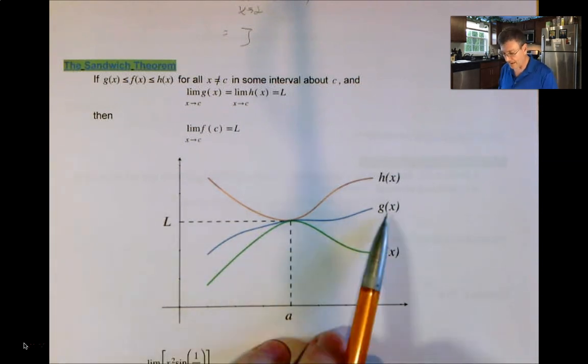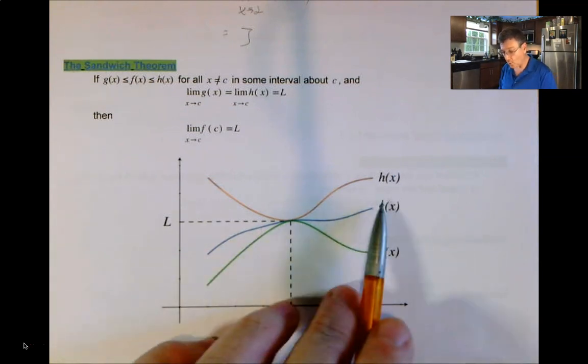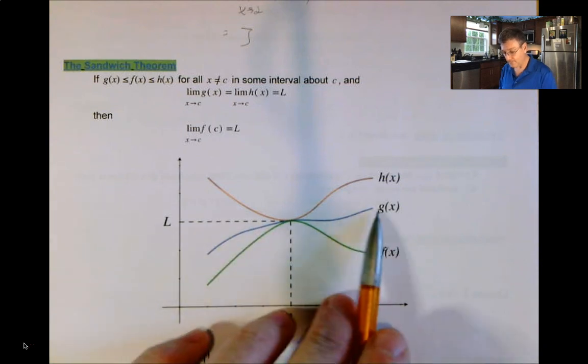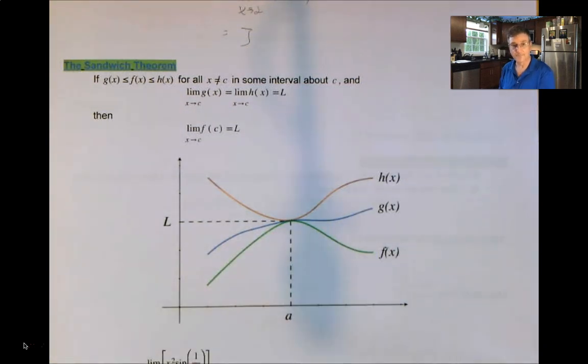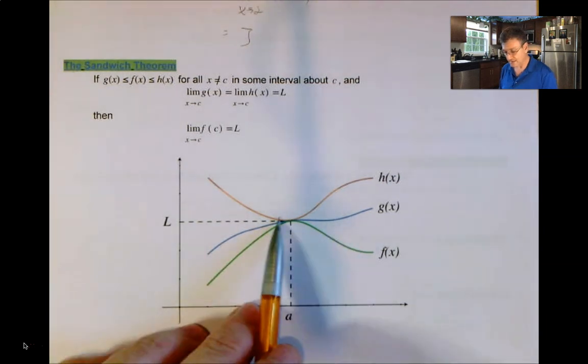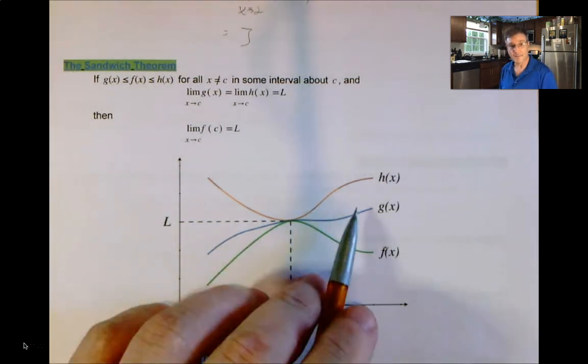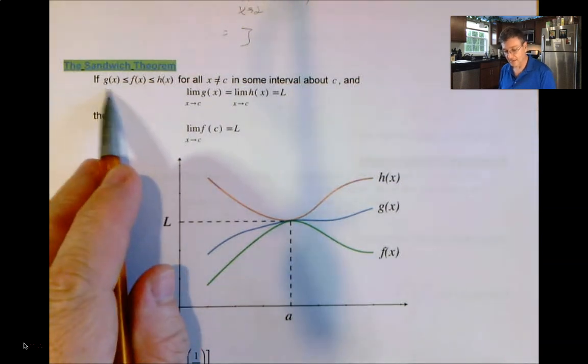So maybe I can't find the limit of g of x directly, but I know g of x is always in between h of x and f of x. G of x is never above h of x. G of x is never below f of x. It's always in between them. So we have this relationship here.